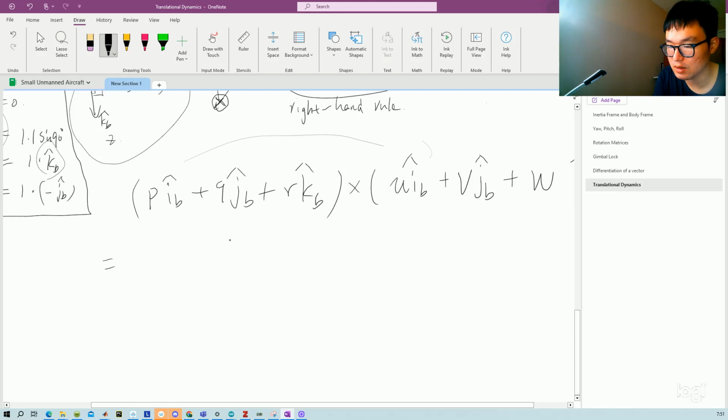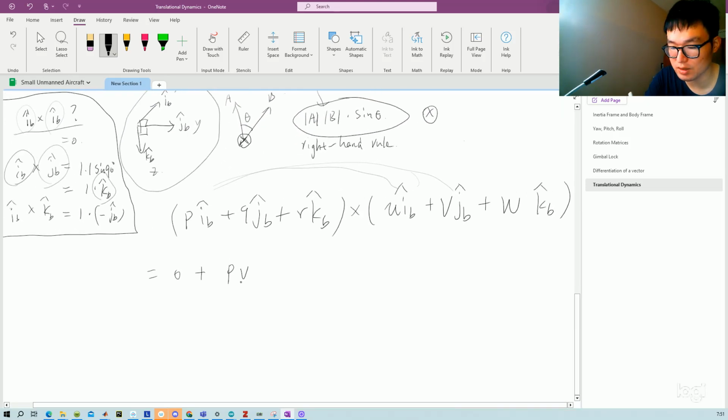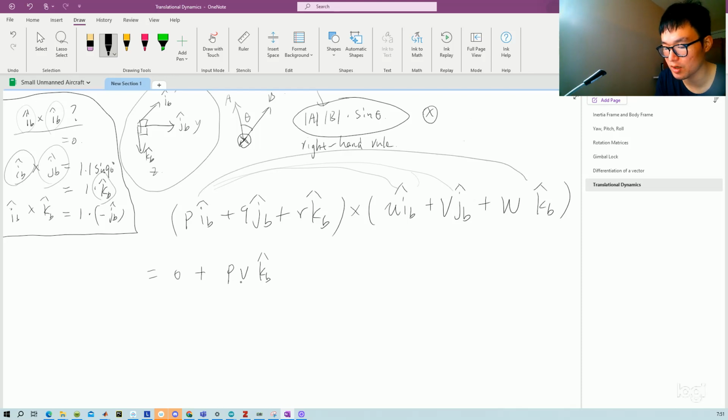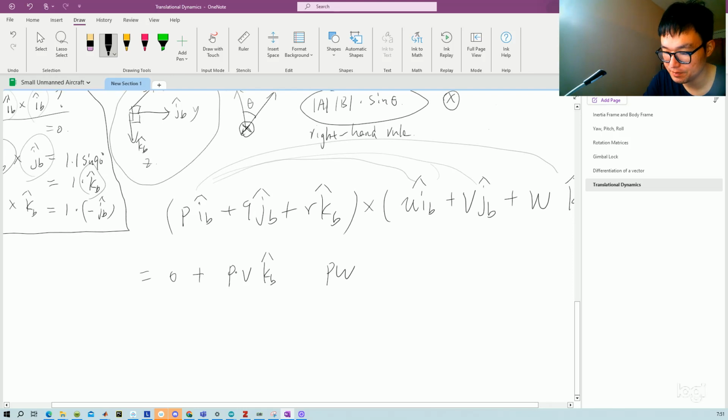The same-axis terms are 0. Then, for IB cross JB, the magnitude is PV, and applying this conclusion, it is KB hat. And then this one cross product with W KB hat, that's your PW and negative JB hat, right?